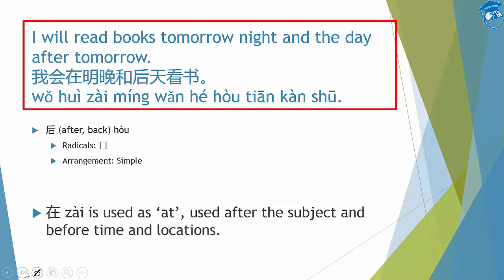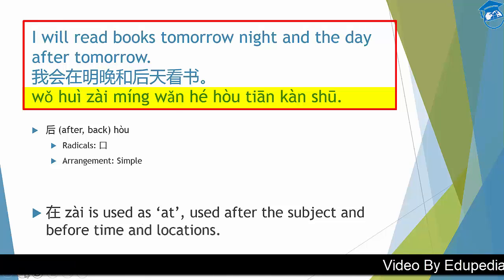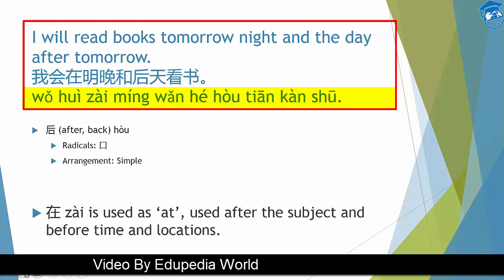In Mandarin, it is 我会在明晚和后天看书. Again, you see the time 明晚和后天 is placed after the subject and before the verbs.